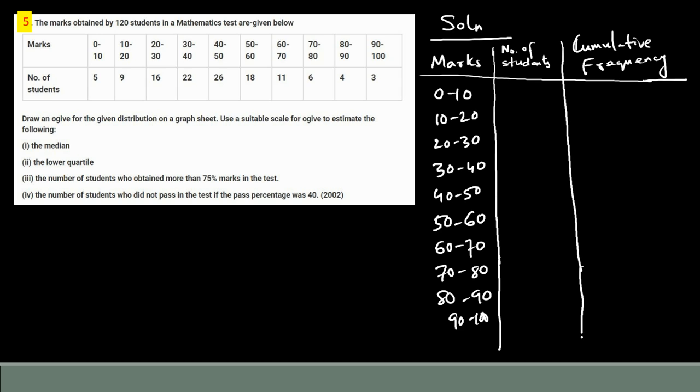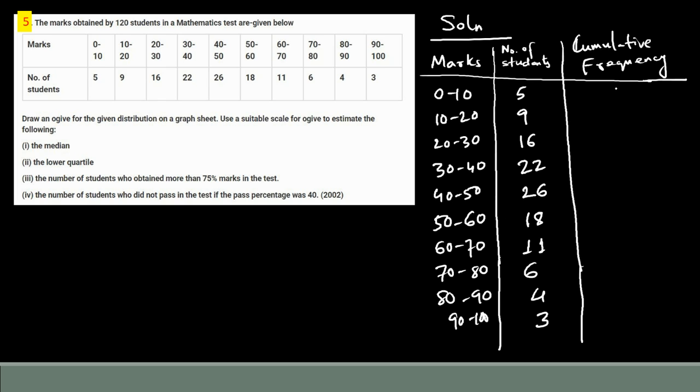So these are the marks. Number of students is like 5, 9, 16, 22, 26, 18, 11, 6, 4, and 3.